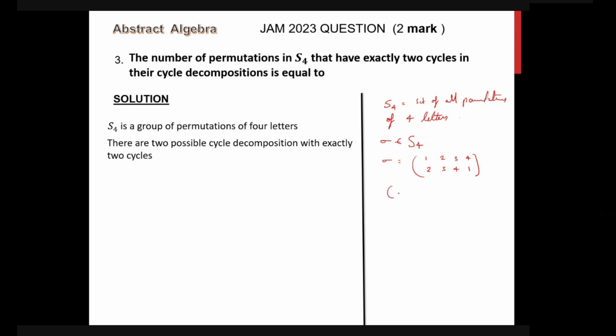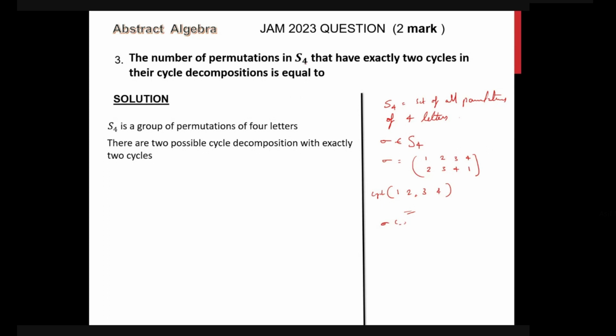Okay, you already know these things. 1 goes to 2, 3, 4. So this is one method, and this is a cycle, and we know that any permutation can be written as a product of disjoint cycles.